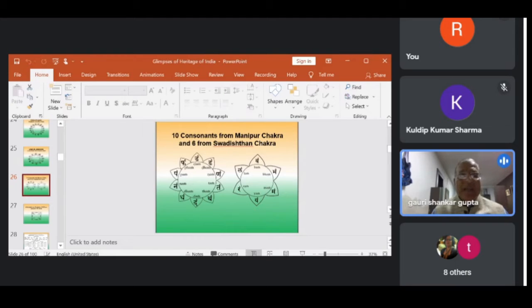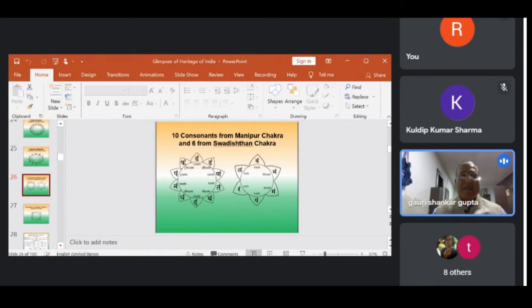That is ta, tha, da, dha, na, ta, tha, da, dha, na, pa, fa. So this Manipur chakra has 10 petals, and this gives birth to 10 consonants. And Swadhisthana chakra has 6 petals, and it gives birth to the next 6 consonants: bha, ma, ye, re, lavva.